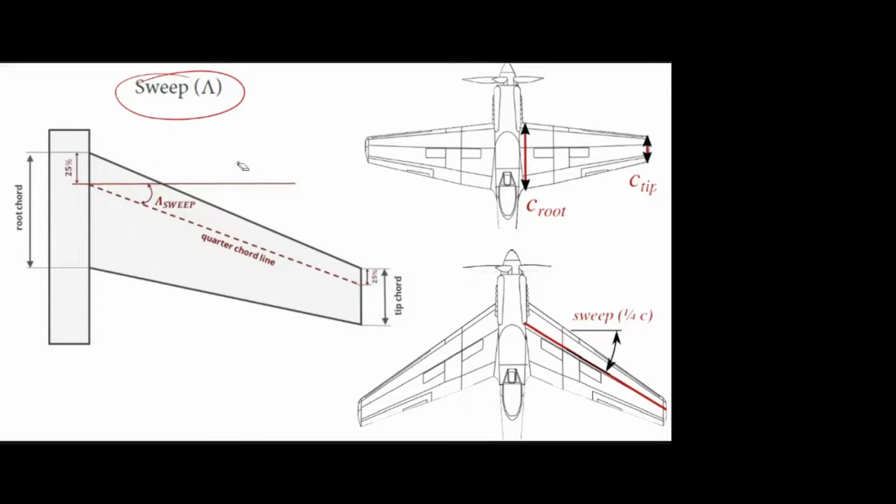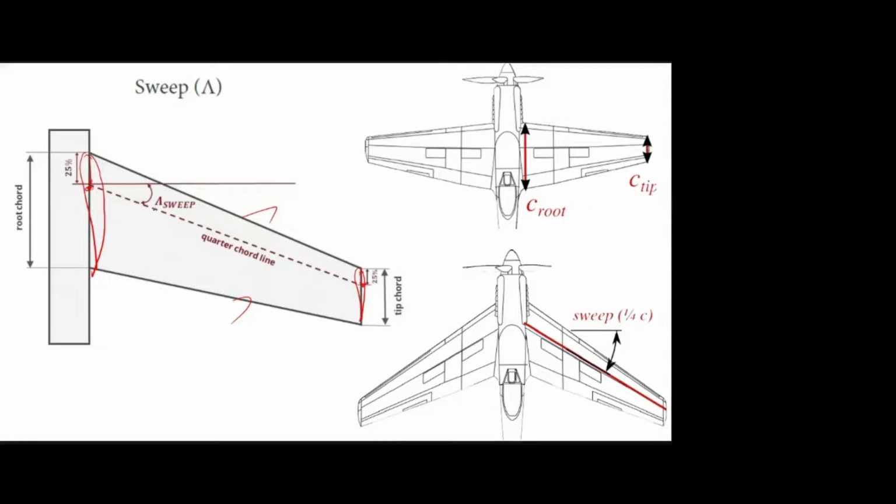What do you understand from this quarter chord line? This is the leading edge line, this is the trailing edge line. Here we may have the root airfoil, and here we may have the tip airfoil. They take 25% from the leading edge in the root section, and similarly 25% here in the tip section.